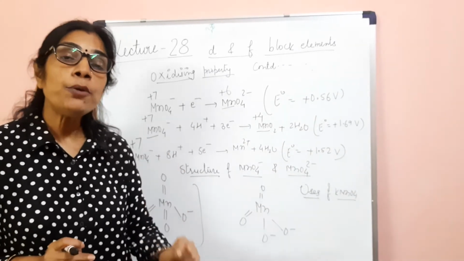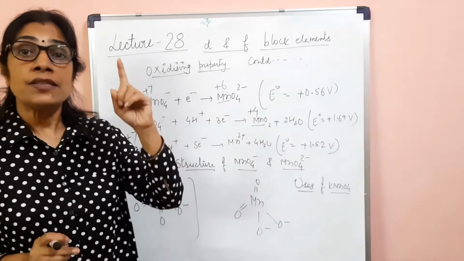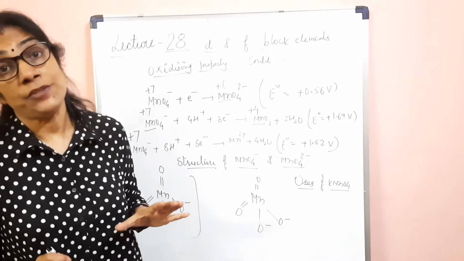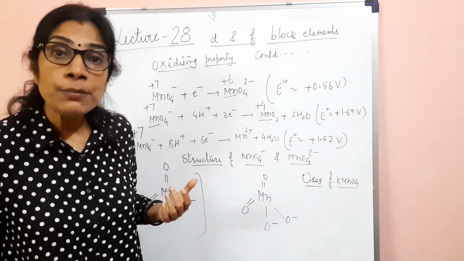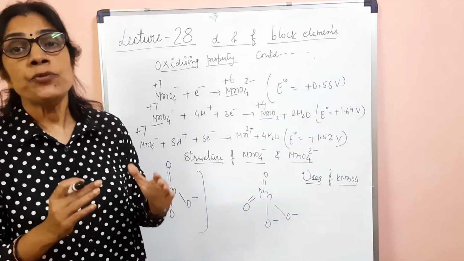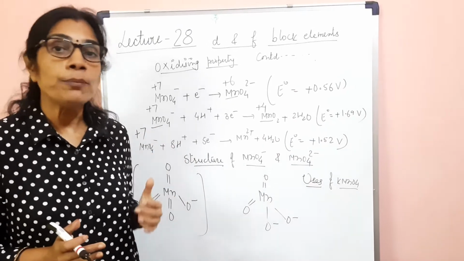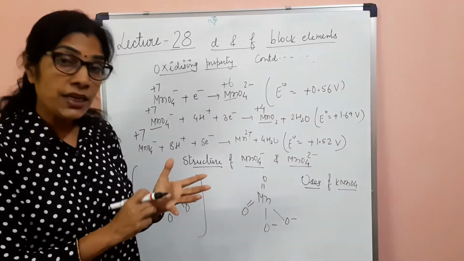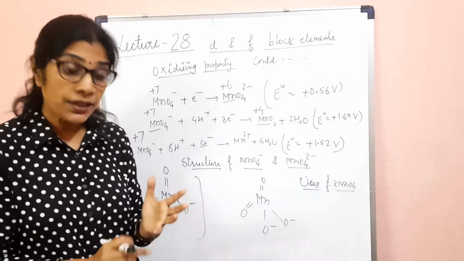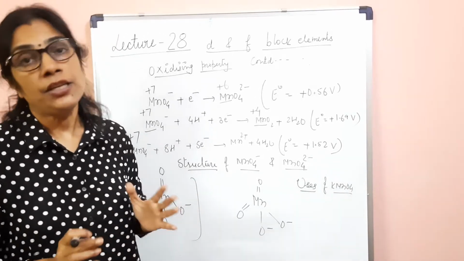In permanganometric titrations, it acts as an oxidizing agent, as a self-indicator, and as a secondary standard as well. Why can it not be a primary standard? Because it is hygroscopic in nature. Hygroscopic means it absorbs moisture from the atmosphere. So oxidizing agent, bleaching agent, secondary standard, and used in analytical chemistry.